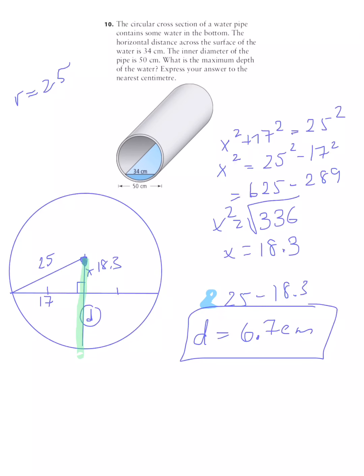Fairly straightforward. This time they tried to fool us with the diameter, but we can easily cut it in half to find the radius. They give us the full 34, but usually we need to cut that in half, use the bisector, make ourselves a triangle, and we're good to go.